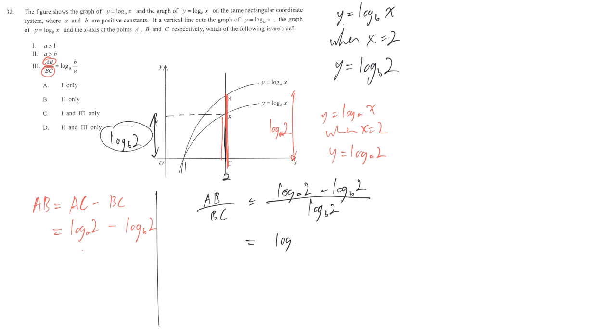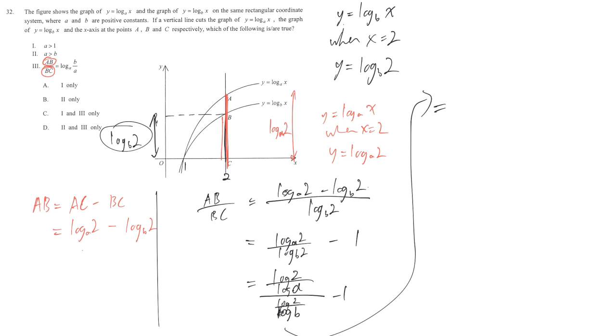Simplify that: log a2 over log b2, separate the fraction, and the numerator and the denominator are the same, so this will become 1. They are not the same base, so we have to change this to log 2 divided by log a first, and the denominator, log 2 divided by log b. So we can simplify this part, and it gives us log b divided by log a, and then minus 1.